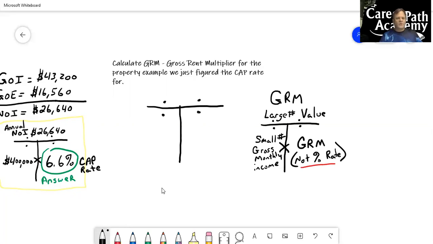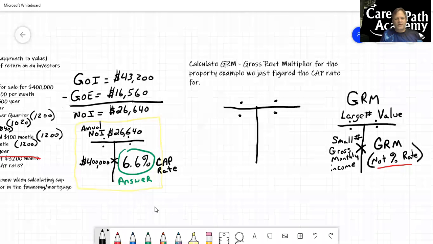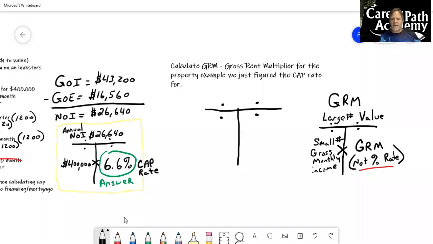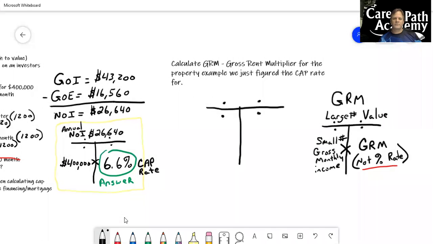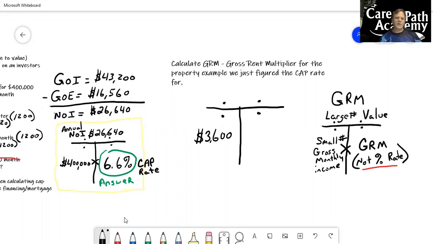So, what numbers can we plug in here already to figure out for this property? Well, it's $3,600 a month. So, where does that go? It goes in the small number, the gross monthly income. It goes right here. And what's the other number we need to know?